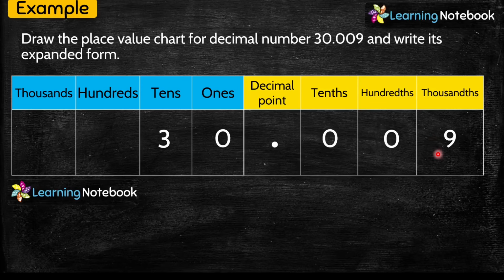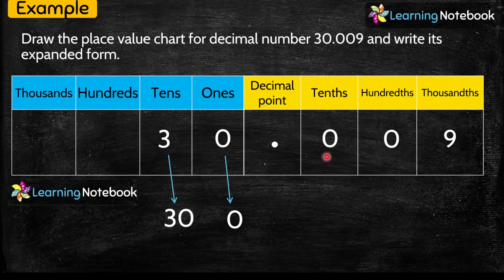Now to write the expanded form of this decimal number, first we have to find the place value of all of its digits. So first let's write the place value of whole number part. Place value of 0 will be 0. Place value of 3 is 30.